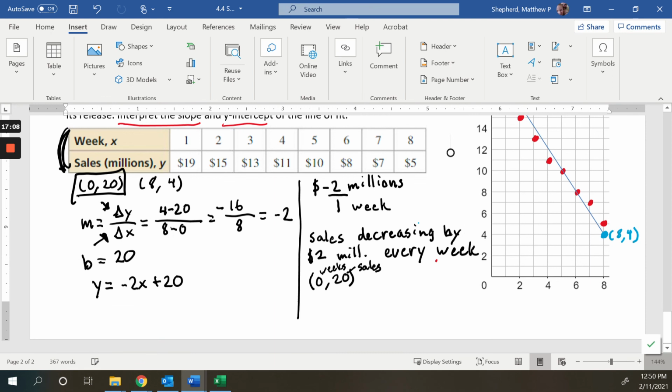So in other words, during that very first week, we predicted about $20 million in sales. So opening week, $20 million in sales.